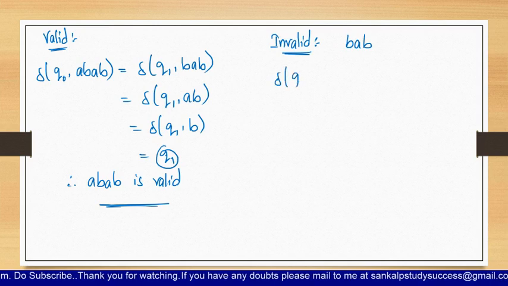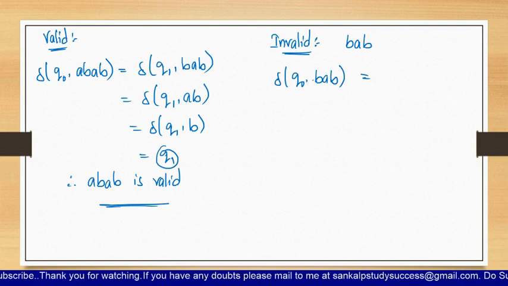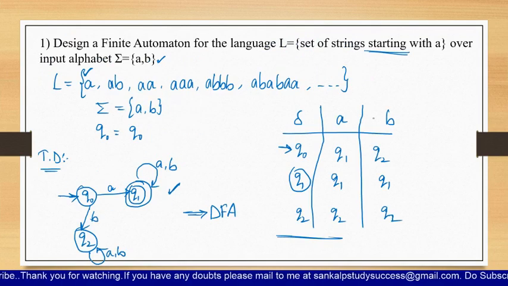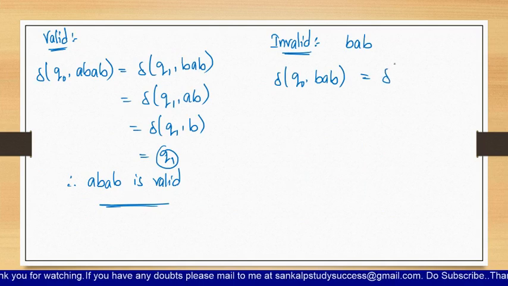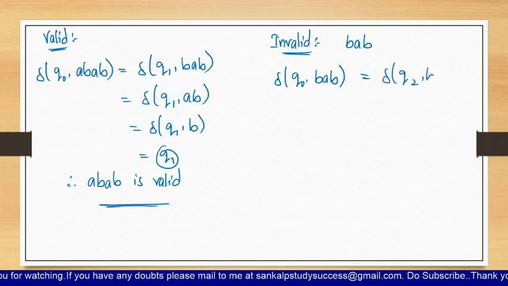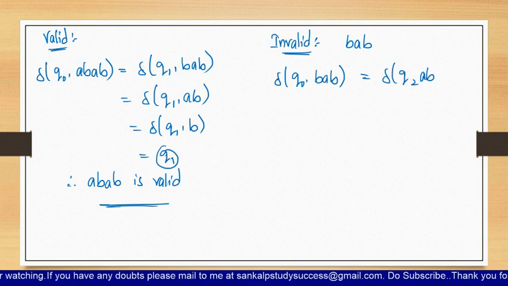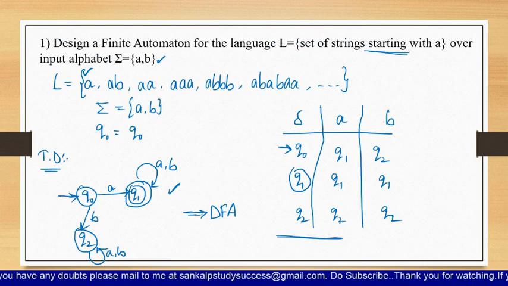So transition function of Q0 comma BAB: if you apply B to Q0, then it moves to Q2. Then transition function of Q2 comma AB: if you apply A to Q2, it moves to Q2.